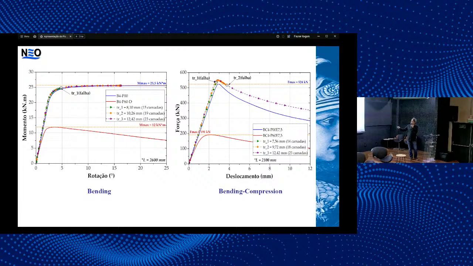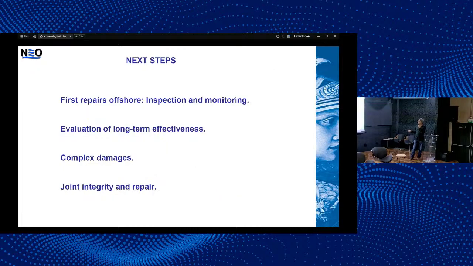But if we use some laminates, we can reestablish the capacity of the structure. So Petrobras is starting to do this repair offshore. They are planning to do the first repairs offshore.